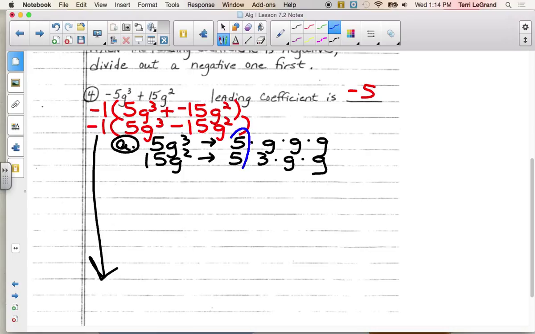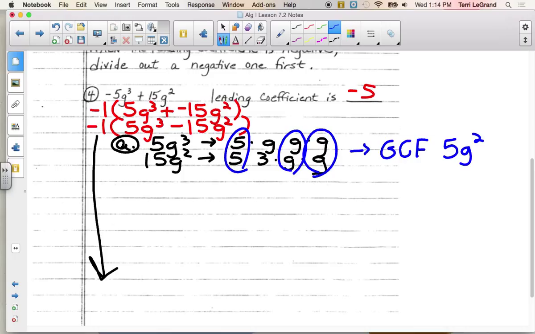And it appears our GCF is what? 5g squared. It doesn't have to be just to the first power. It can be a higher power than that. So it's 5g squared, we both have 2 g's in common. g times g is g squared.